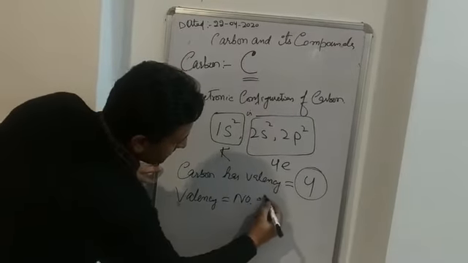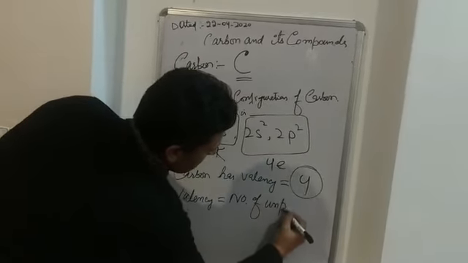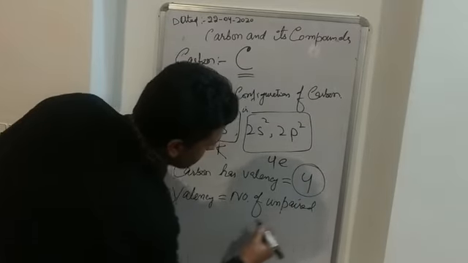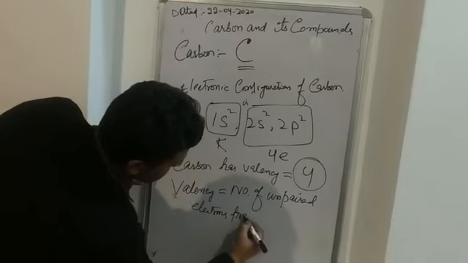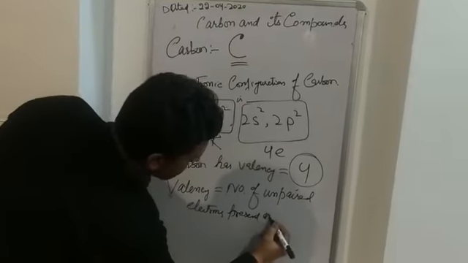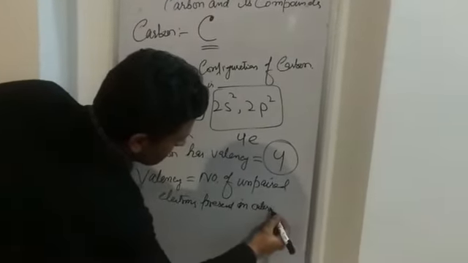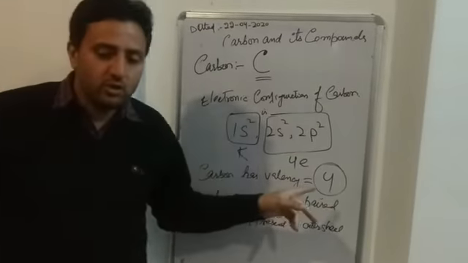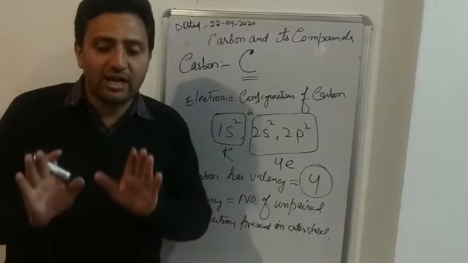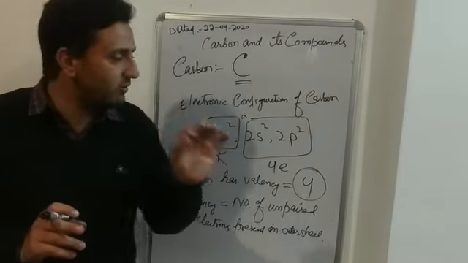So the valency of carbon is 4. Carbon has 4 unpaired electrons in its outermost shell.